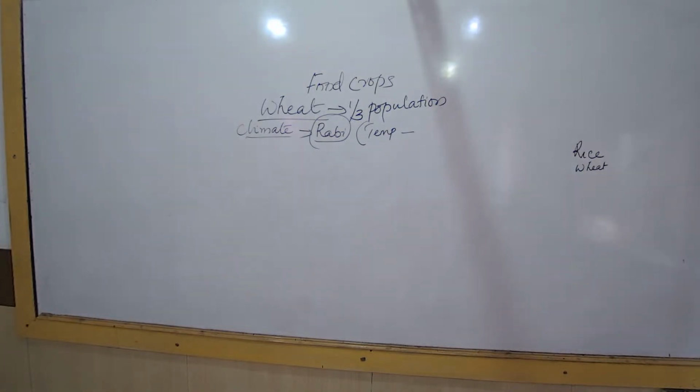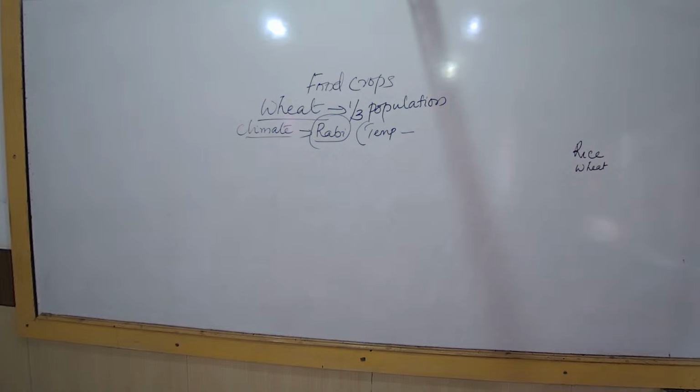Yes. Now once again, guess the temperature. 18 to 25? 24 to 30? For growing time one particular temperature is required, and for ripening time another temperature is required. 22 to 32?